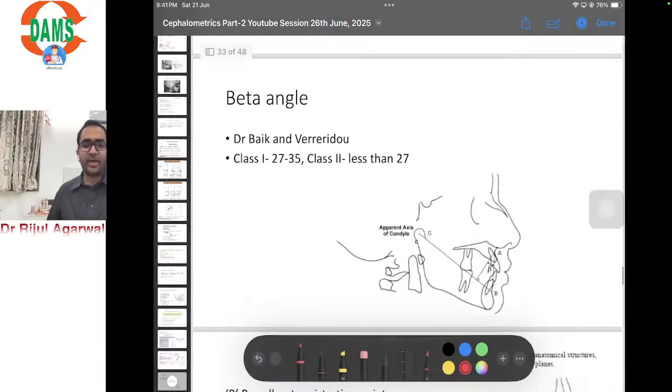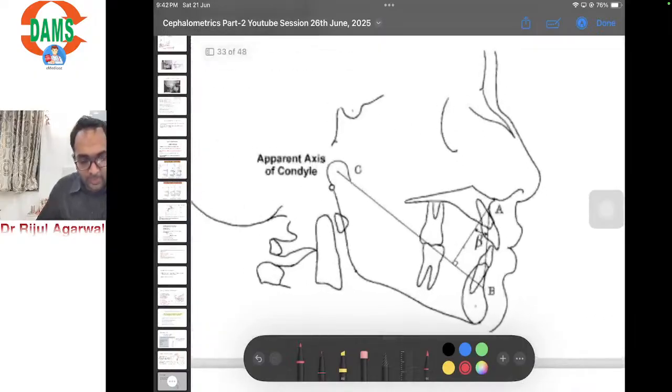Next, beta angle. As I said, as the Wits and ANB angle become unreliable, you cannot diagnose a case based on these due to inherent problems. A number of angles came up: beta angle, there was a Yen angle, W angle. I'm not going to discuss all of them, just one, beta angle. It was given by Dr. Baik and Ververidou. How is it calculated?